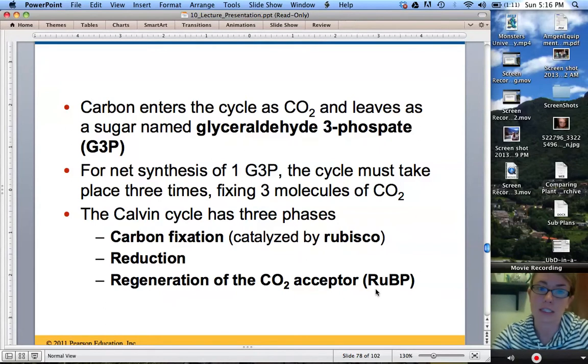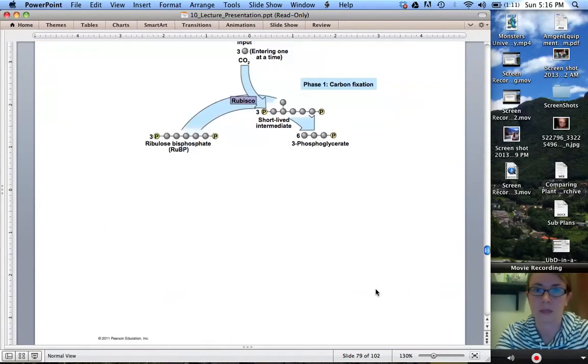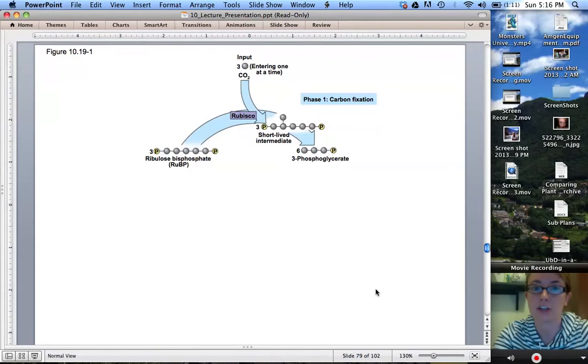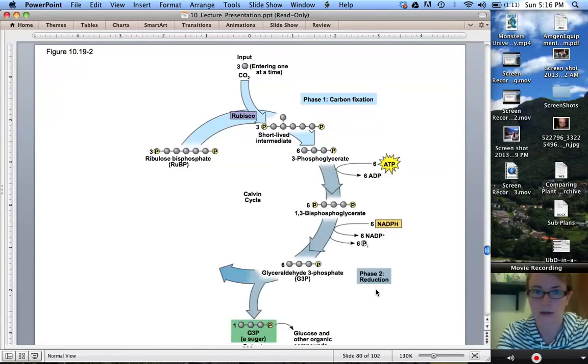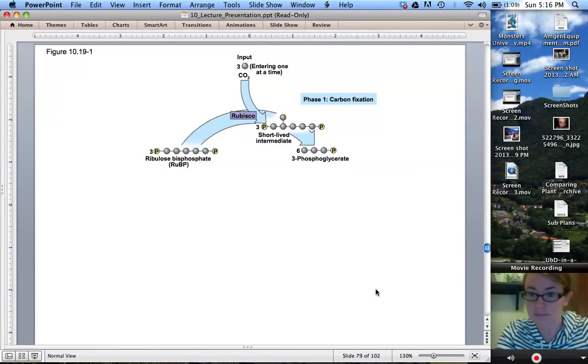The first step, which we see right here, is carbon fixation. What this means... Fixation means it's the initial incorporation of carbon dioxide into an organic material.